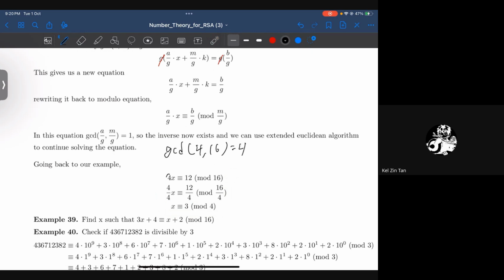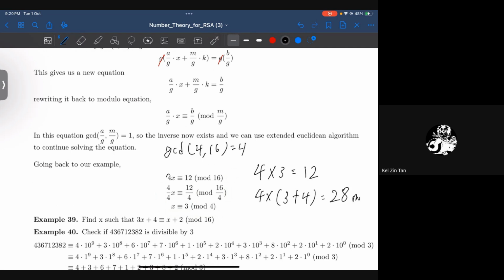And you can check. 4 times 3 is equal to 12. And then 4 times 3 plus 4 is 4 times 7, which is 28.